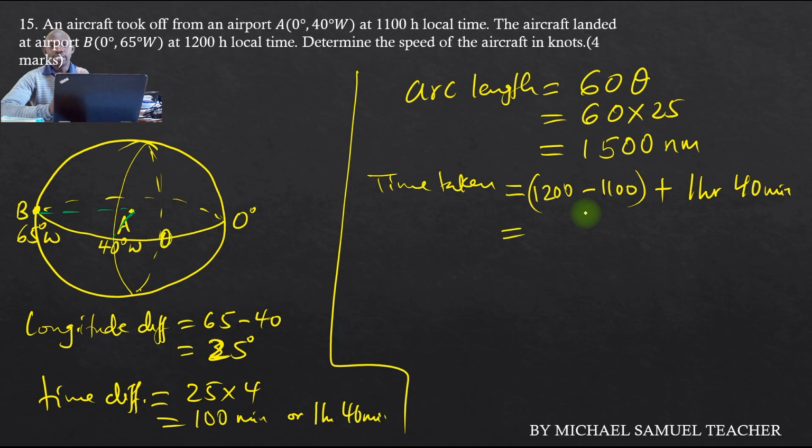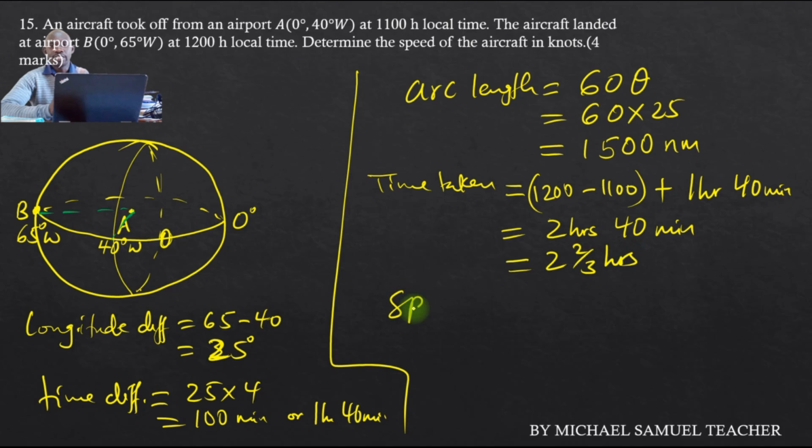So here we get 1 hour plus 1 hour 40 minutes, which is 2 hours 40 minutes. In other words, the same as 2 and 2/3 hours.